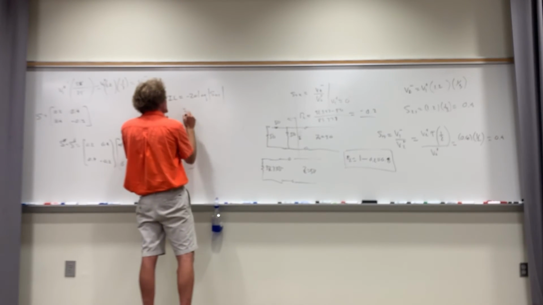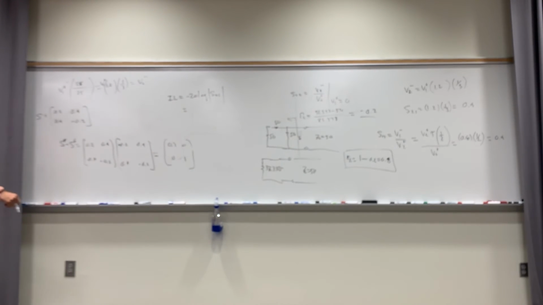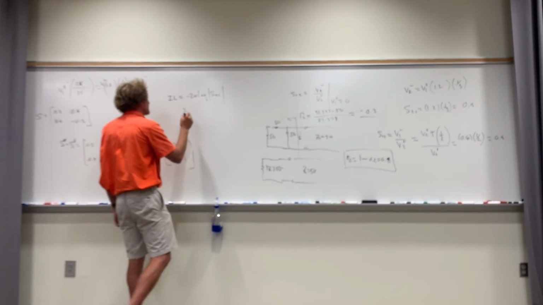Now that's the loss. So what does that come out to be? S21 is 0.4, correct? So what is the log of 0.4 times minus 20? What do you get? 8. 8 dB? Yep.